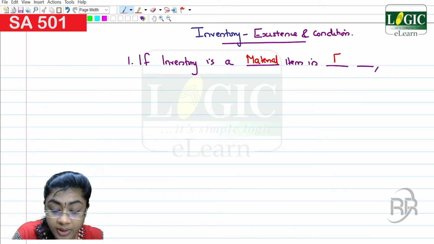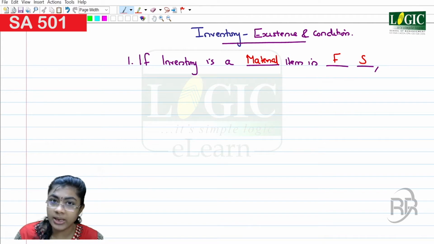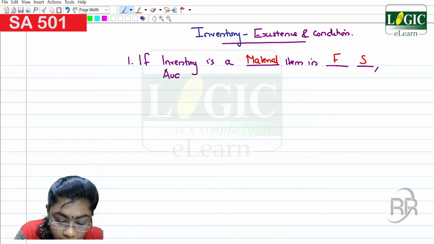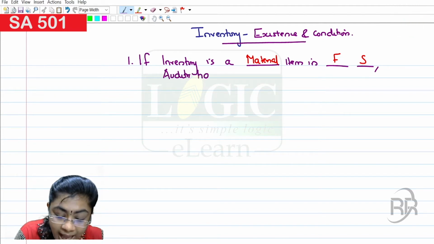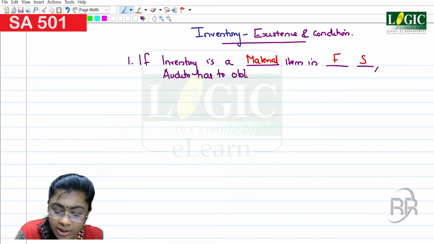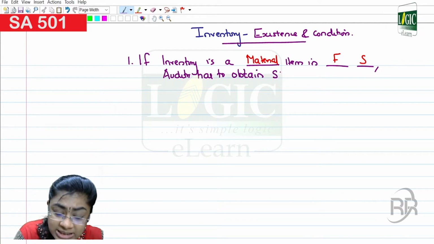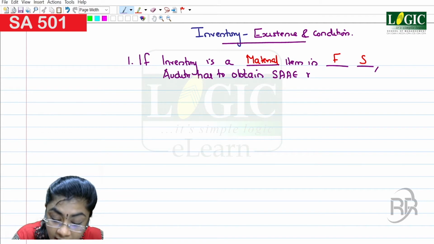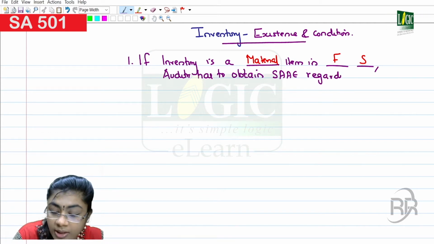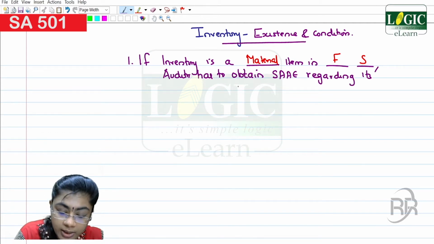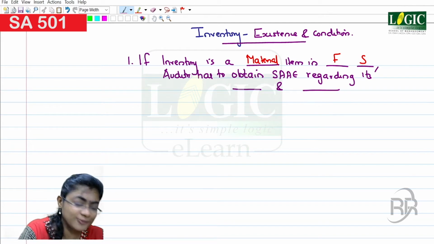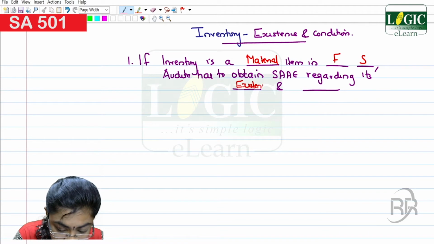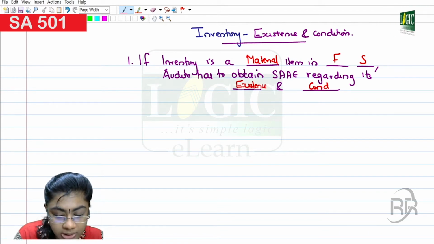Material item in financial statements, then the auditor has to obtain, come on, sufficient and appropriate audit evidence regarding its existence and its conditions.